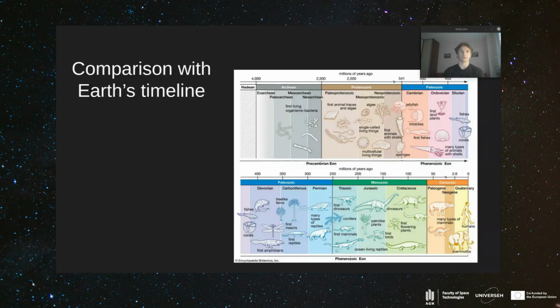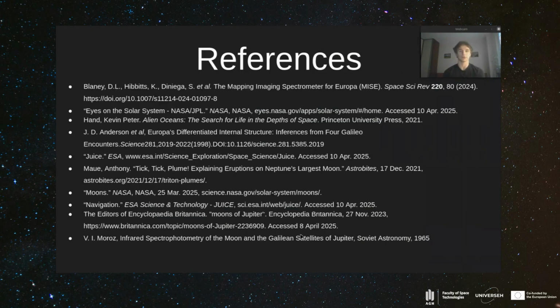Okay, so I think that's it. Now, references and recommendations. If somebody is interested in more in-depth technical stuff, I would very much recommend Space Science Reviews. That's a journal that is open access, if I'm correct, and it has a lot of great articles.